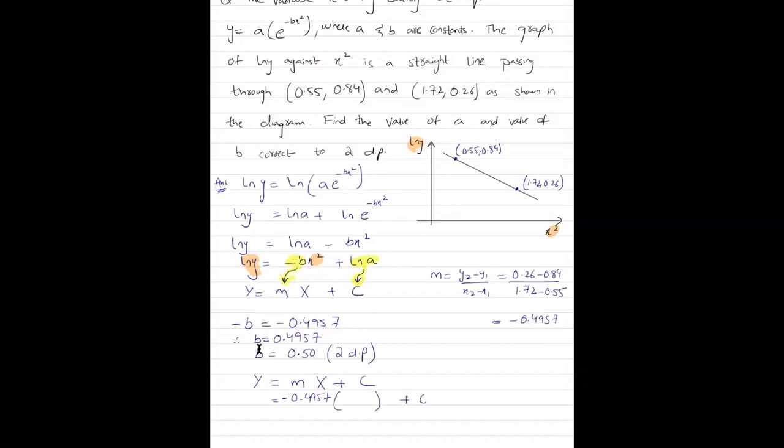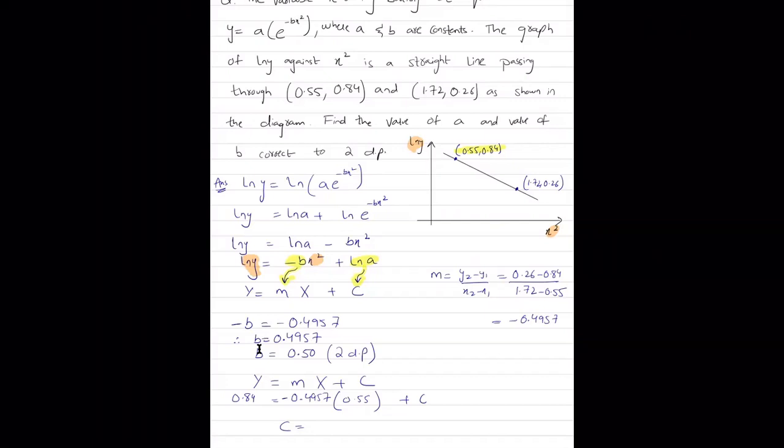So for x, I can take any coordinate. Let's say I take this. So x value is 0.55 and y value is 0.84. If I solve this, what is the y-intercept coming out? The overall answer for c.